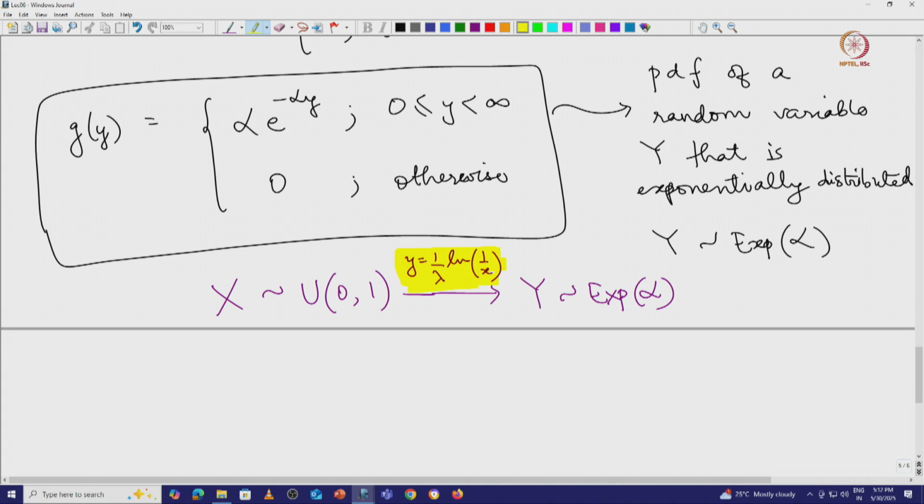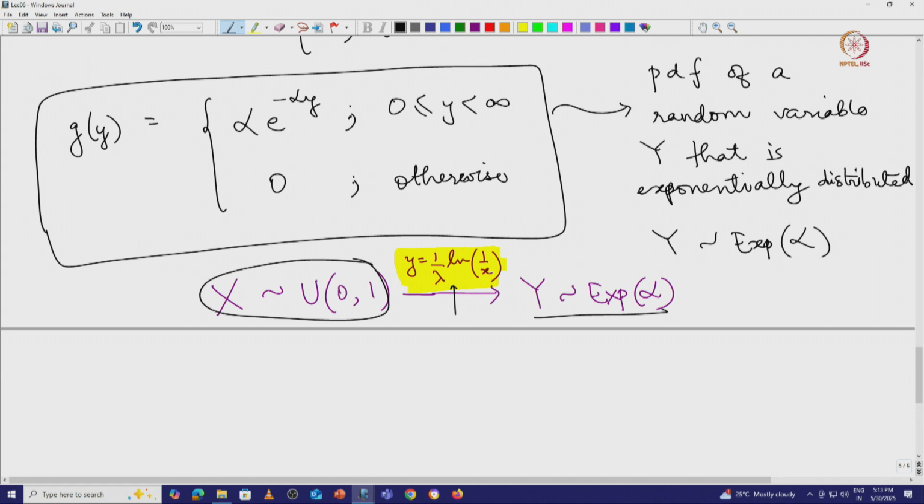So now if you have code on the computer that produces a uniformly distributed random number, all you need to do is apply this function on it and you will have a random variable that is exponentially distributed.